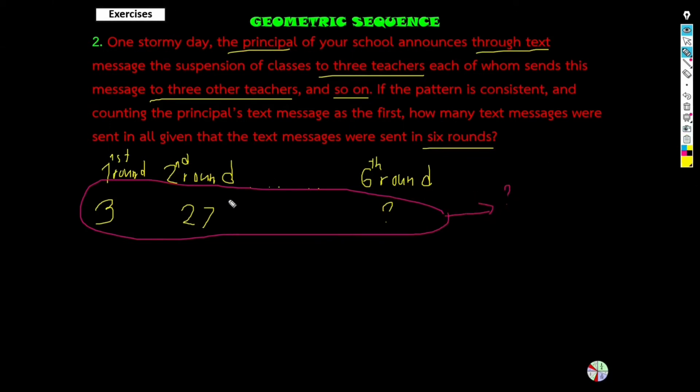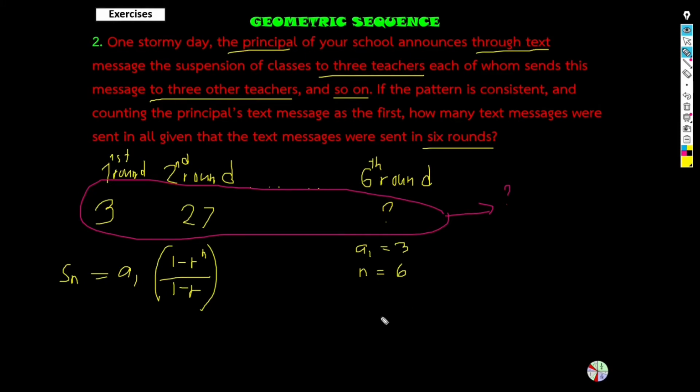Our formula should be S sub n equals a sub 1 times 1 minus the ratio r to the power of n, all over 1 minus r. Now, what should be n? A sub 1 should be equal to 3, and n should be equal to 6, because there are 6 rounds.